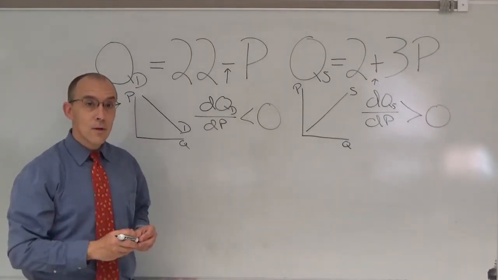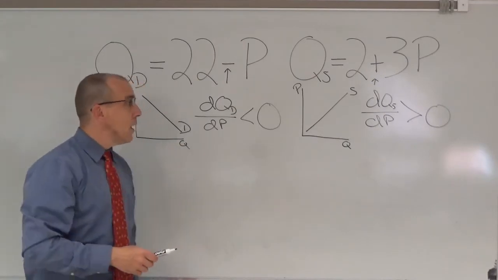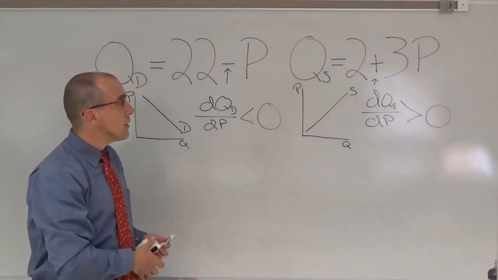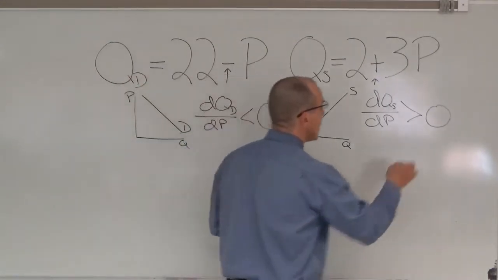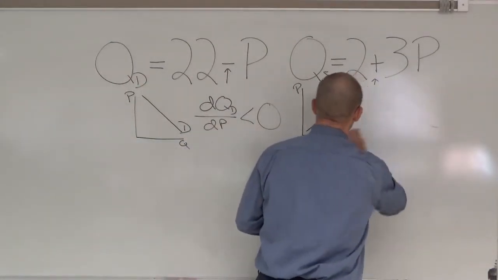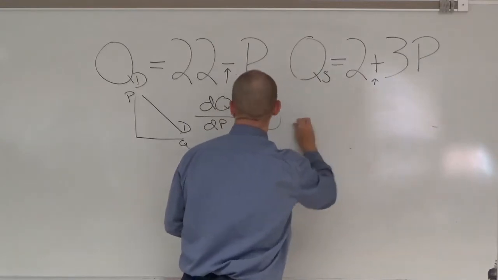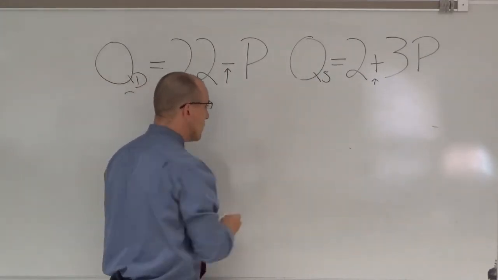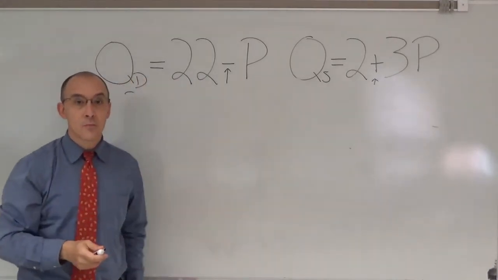So the next thing I want to do is figure out what the equilibrium price and equilibrium quantity are in this market. So let me erase this first, get rid of all of this. We'll start off solving this algebraically.